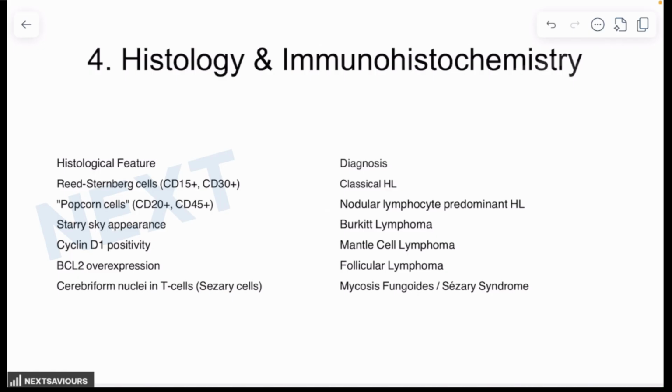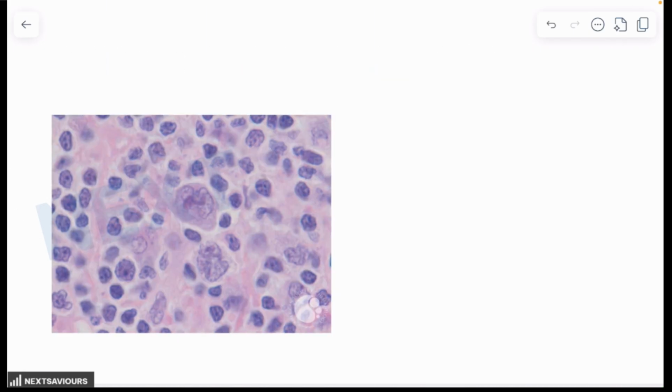And then finally comes the second part of the question, where there will be a histological finding or an image provided along with the specific immunohistochemistry features. Like if you look at the important histological findings which are usually provided in the question, in this case there is a presence of multilobulated and folded nuclei, which looks like popped popcorn.